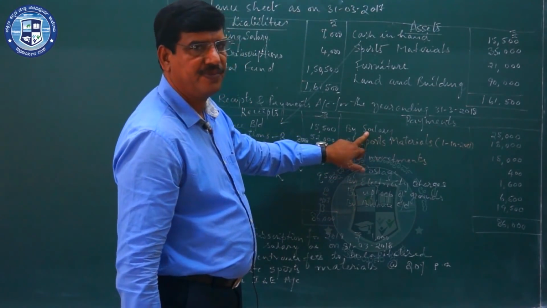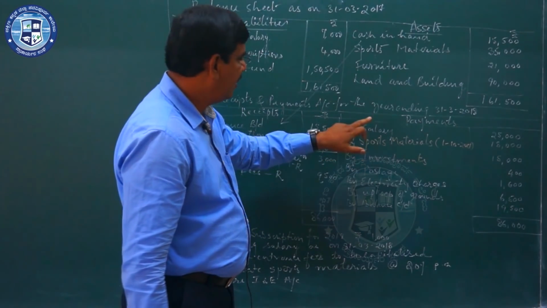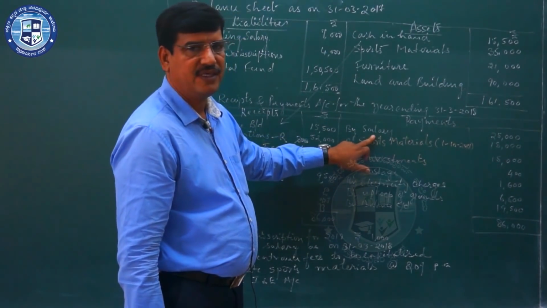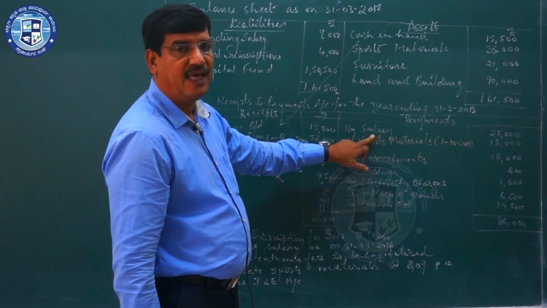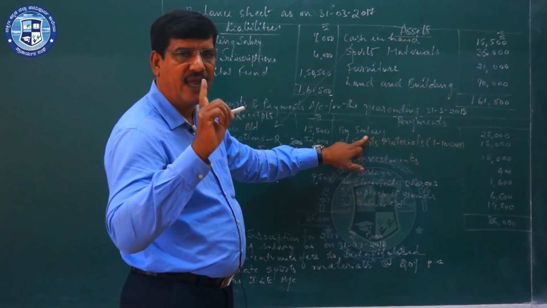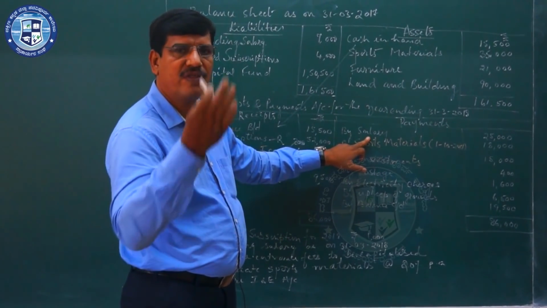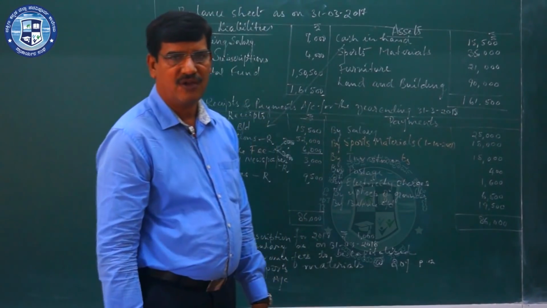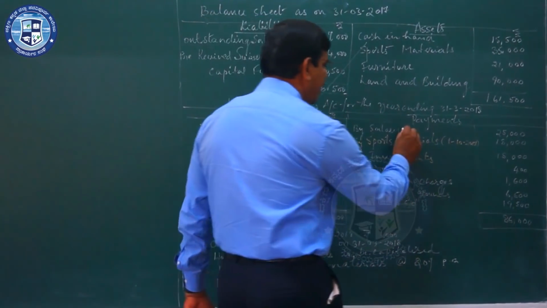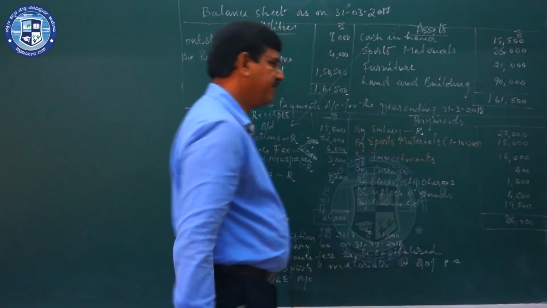Salary paid is a revenue expense. Revenue expenses are exhausted in one accounting period, or within a year. When you pay the salary, the benefit of which is exhausted in one year, so salary is a revenue expense.